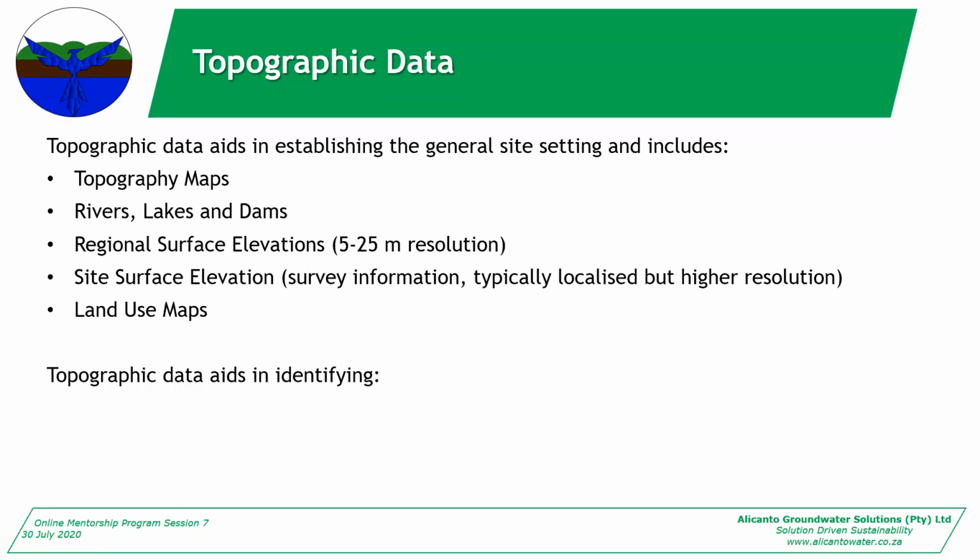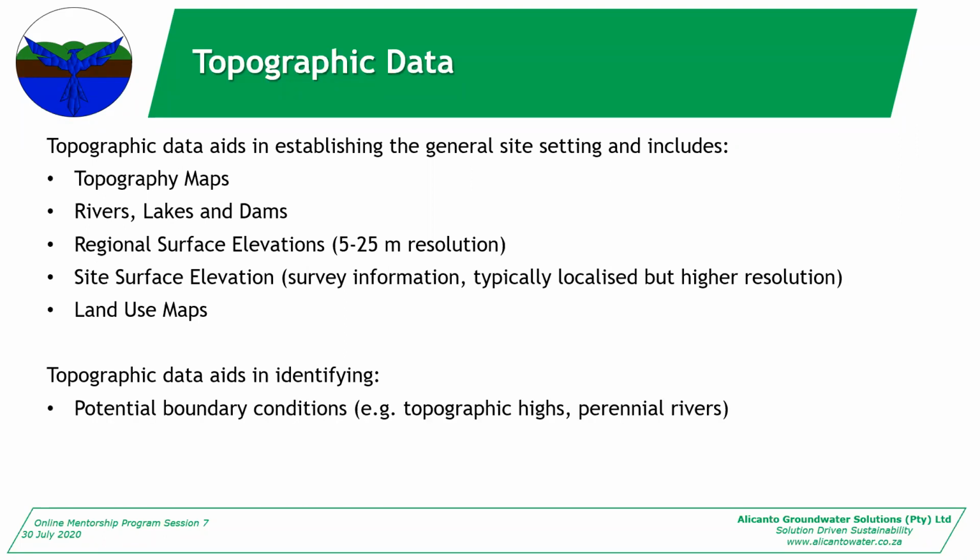Topographic data helps us to identify potential boundary conditions for our groundwater system. So it's your topographic highs, your perennial rivers, those kind of features, your quaternary catchment boundaries that you'll pick up in your topographic data.